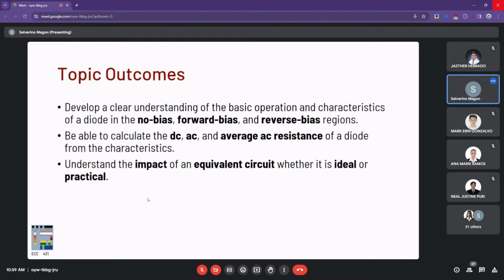Later we will see how we can describe the AC and DC characteristics of the diodes if we apply AC or DC inputs, and we will be introduced as well to the concepts of practical and ideal semiconductor devices.